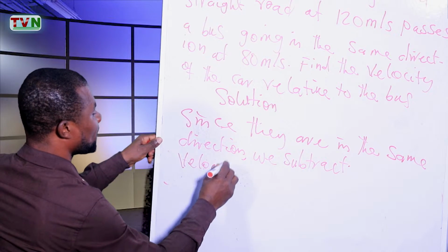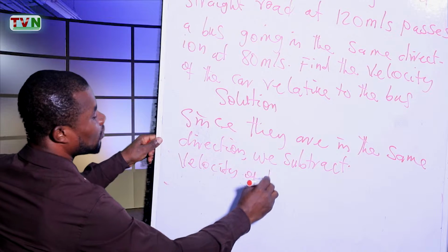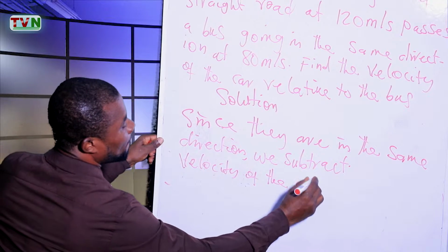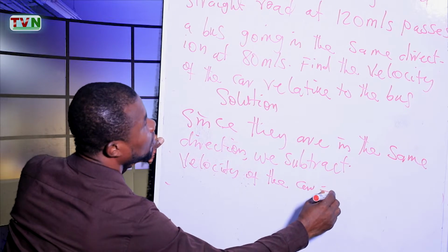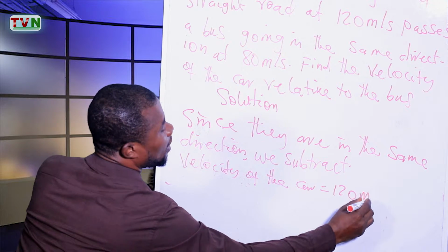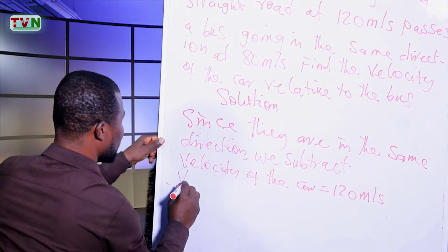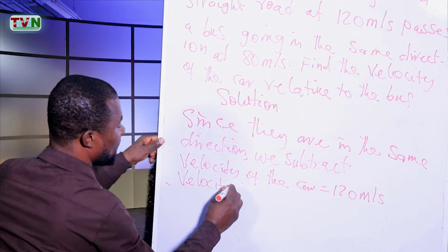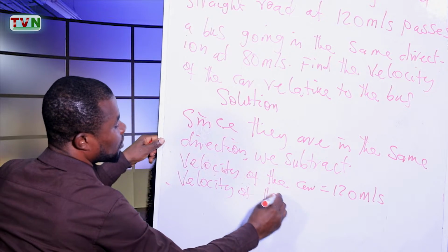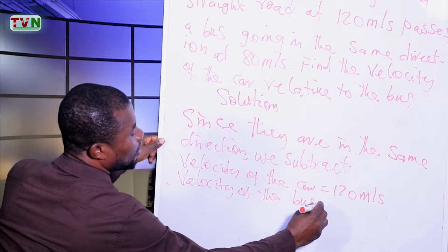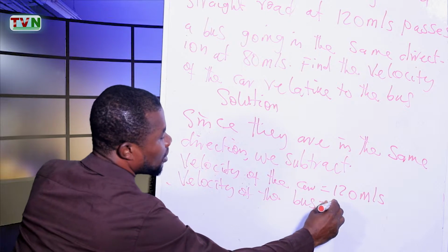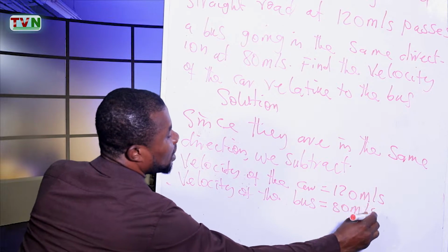Velocity of the car is 120 meters per second. Velocity of the bus is 80 meters per second.